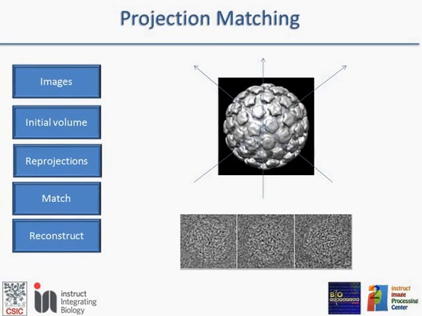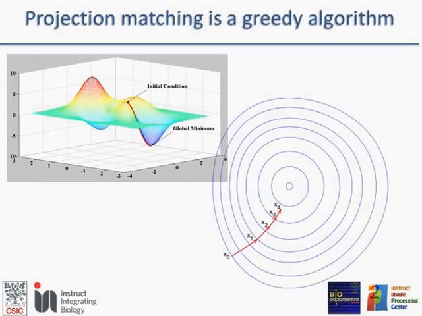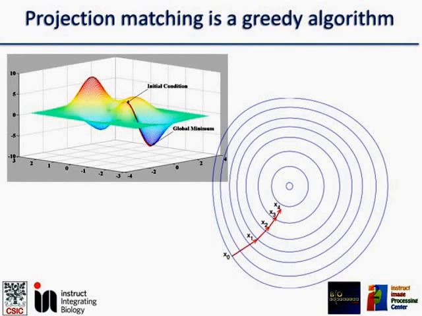So this projection matching is a greedy algorithm. So if you think of the goal function that you are optimizing, what happens is that you start with an initial condition, an initial volume, and you try to go to the global minimum, hopefully. Normally you go to a local minimum as fast as you can. That is why you go to a local minimum, because you try to go very fast. So this is another representation.